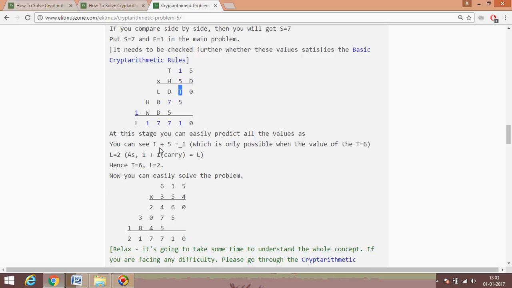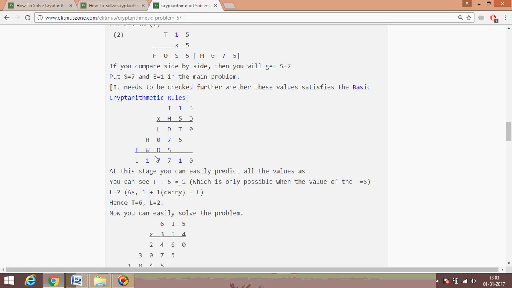Later on, if you can see 1 and L, both of the numbers are not the same. Here is 1 and here is L. Since the value of L is not equal to 1, both of them are different numbers, it signifies that you are getting one carry from this addition.